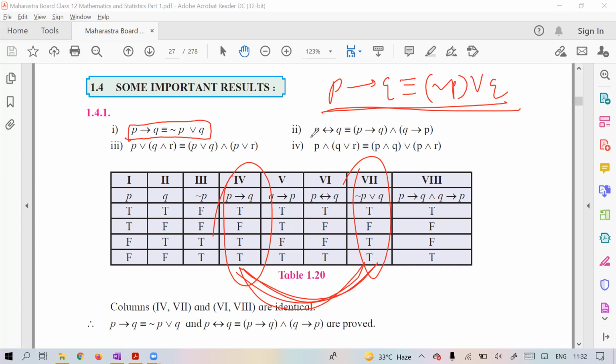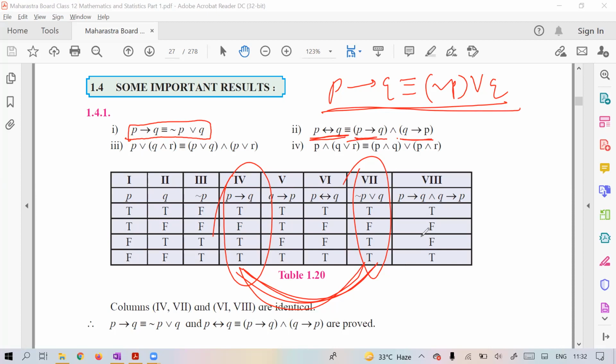Similarly, the second is P if and only if Q is equivalent to P implies Q and Q implies P. So P if and only if Q, the double implication, is converted into one implication and the other implication: P implies Q and Q implies P. Again, if you want to prove both are equivalent, you make the truth table.